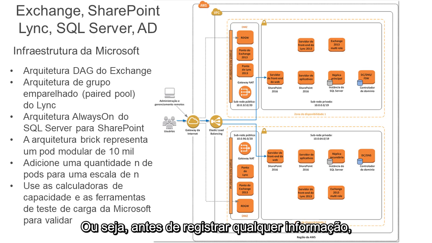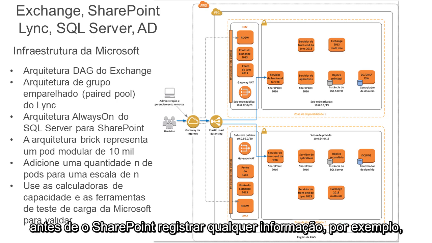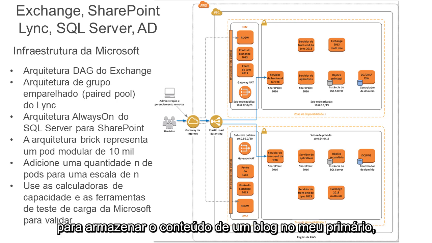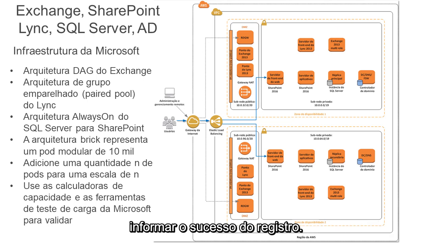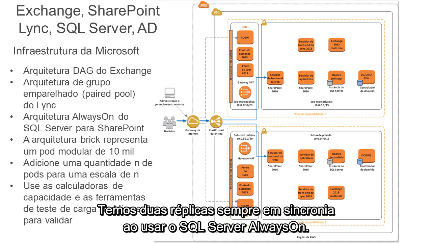What that means is that before SharePoint writes any information, for example, to store the contents of a blog on my primary, it's also written to the secondary before SharePoint says that the write was successful. And so we have two replicas that are always in sync using SQL Server Always On.